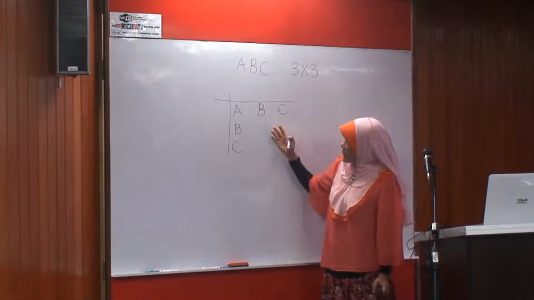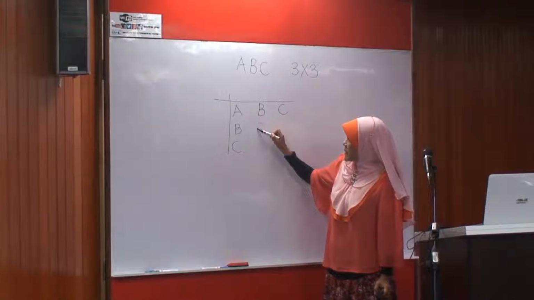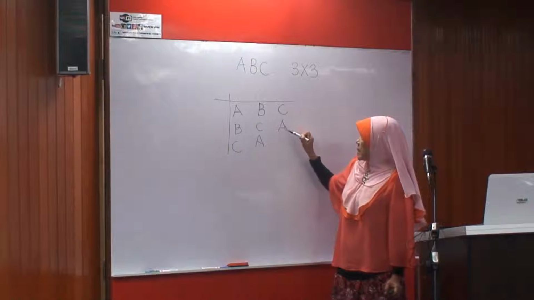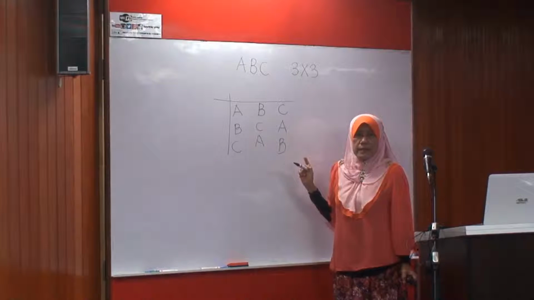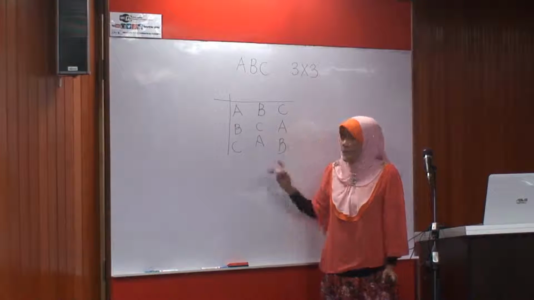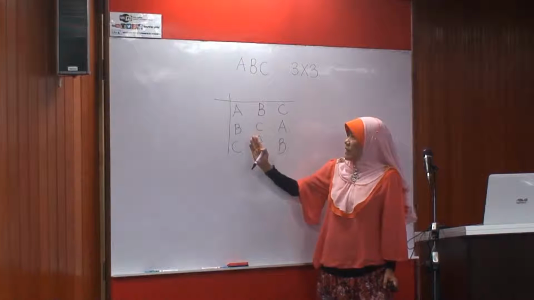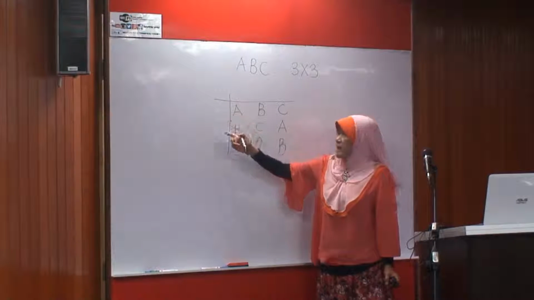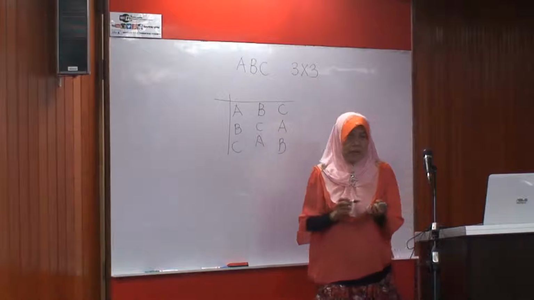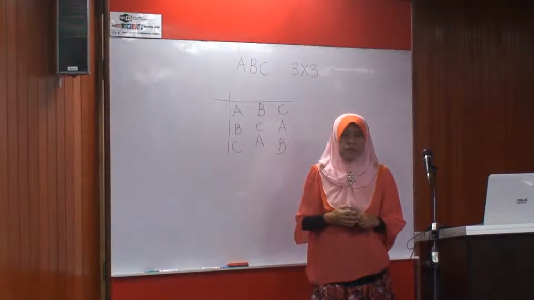Then the rest of the arrangement will be B, C, A, and C, A, B. So you see from this 3 by 3 arrangement that each treatment appears once and only once in each column and in each row. This is called the standard Latin square arrangement. First, you have to understand what a standard Latin square arrangement is.